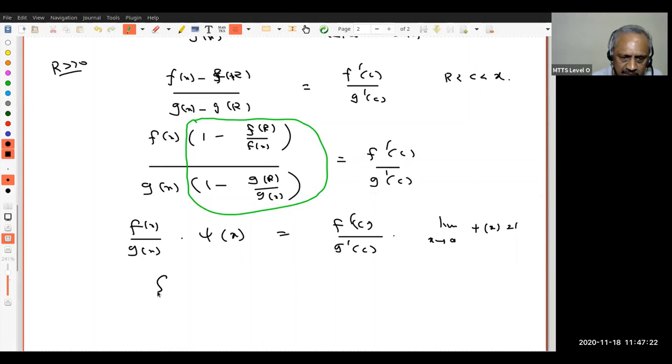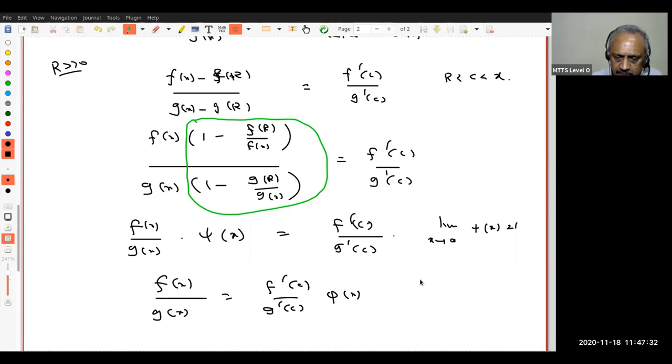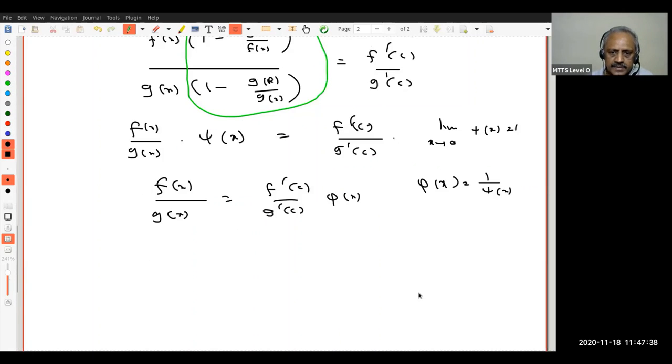In other words, let us write f(x) by g(x) equal to f'(c) by g'(c) into phi of x, where phi of x equals 1 by psi of x. You follow that? So as x goes to infinity, this will go to L, this will go to 1. Therefore, I hope I have got the proof correct.